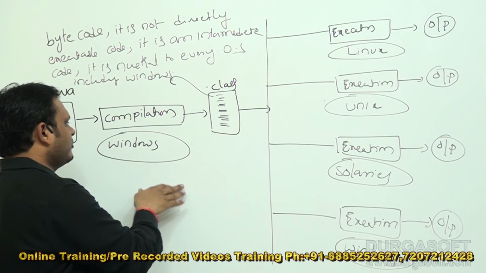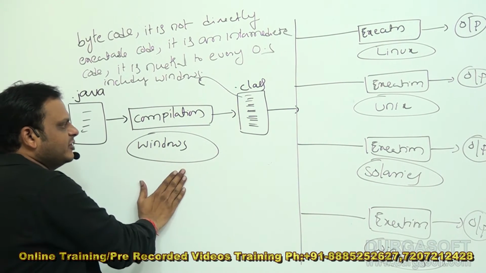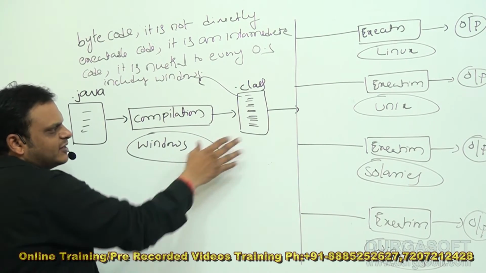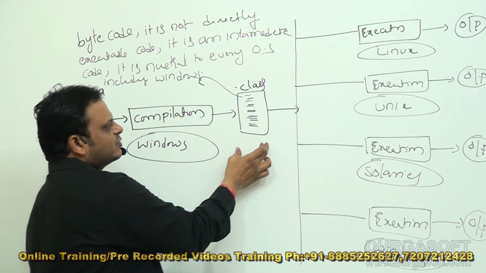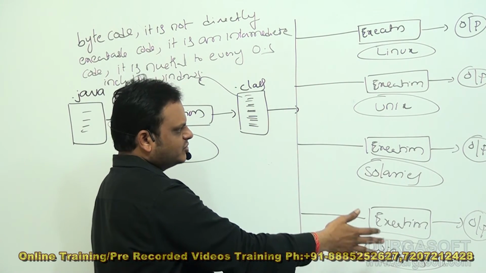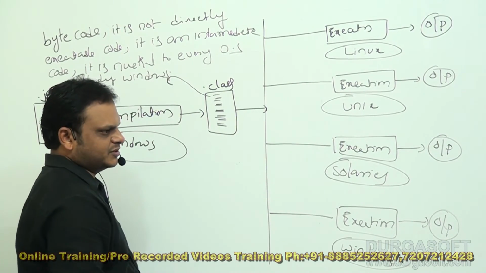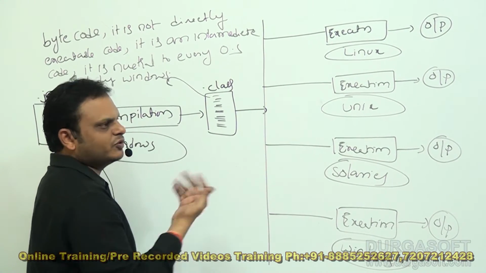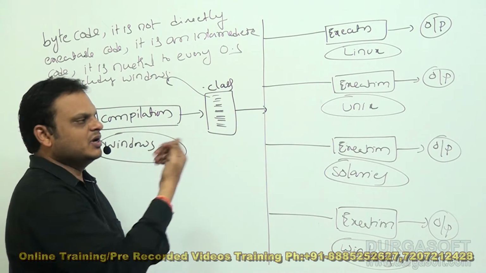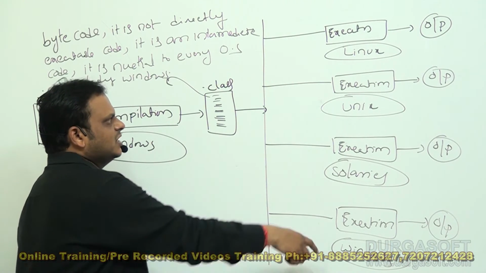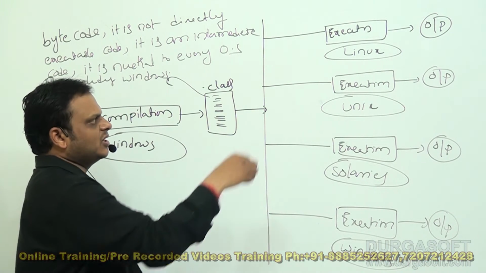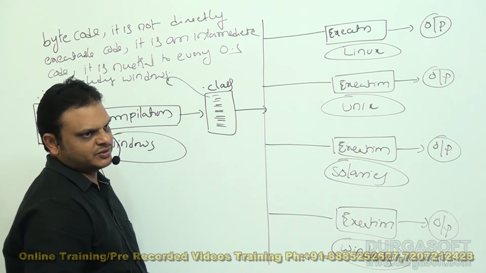See here what we provided: we compiled our Java program on Windows operating system, and a neutral bytecode is generated. If we want to execute this neutral bytecode on any operating system, this bytecode must follow local operating system representations. But here the bytecode is neutral bytecode. It is not following any of the operating system representations, but here we require the local operating system representations.